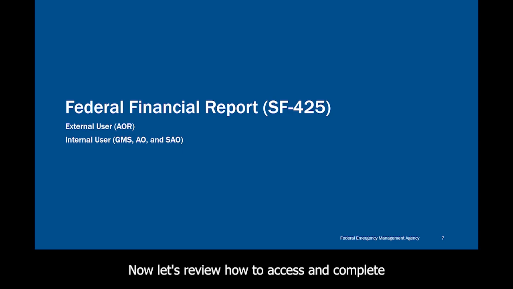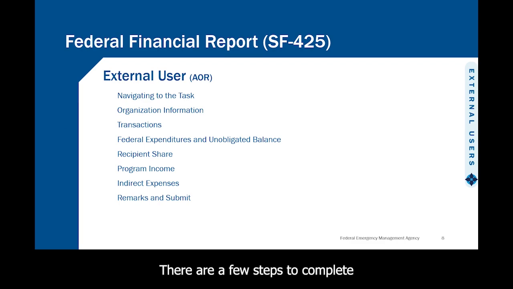Now let's review how to access and complete the Federal Financial Report, SF-425, as an external user, an AOR, or an internal user, a GMS, AO, and SAO. There are a few steps to complete the Federal Financial Report, SF-425, as an external user and AOR.